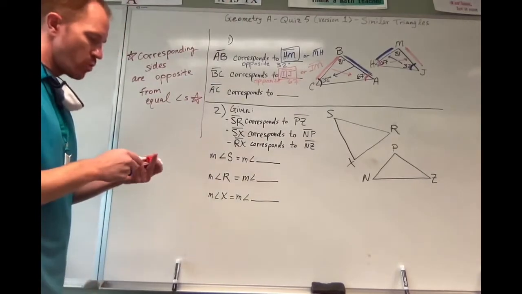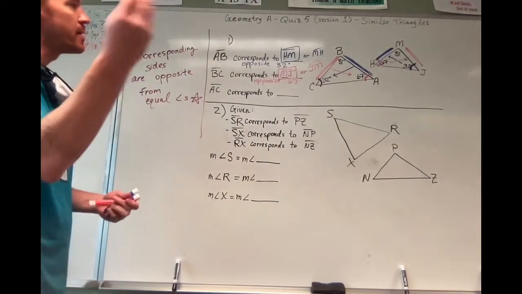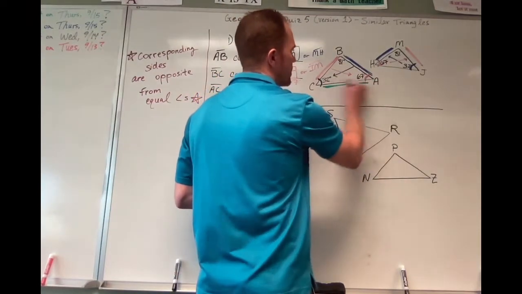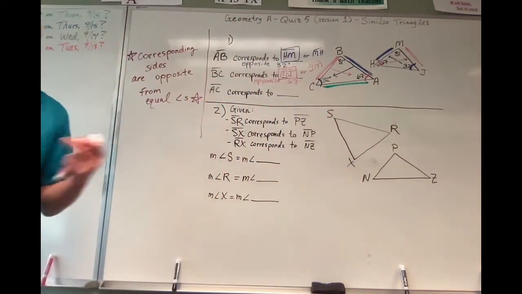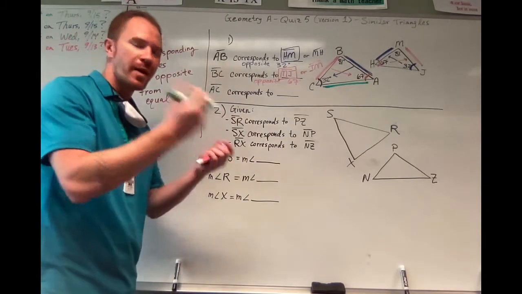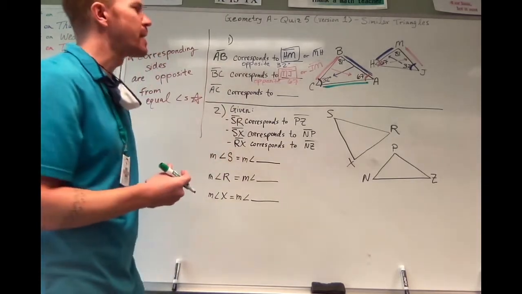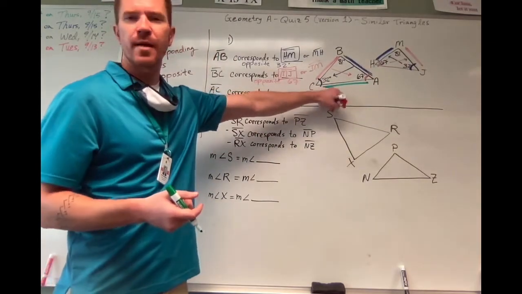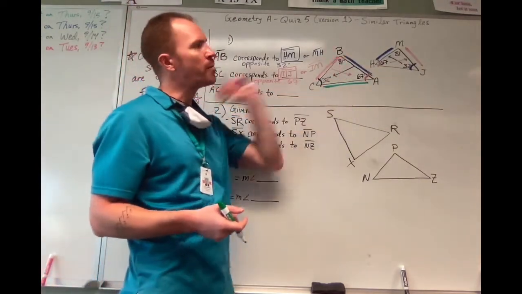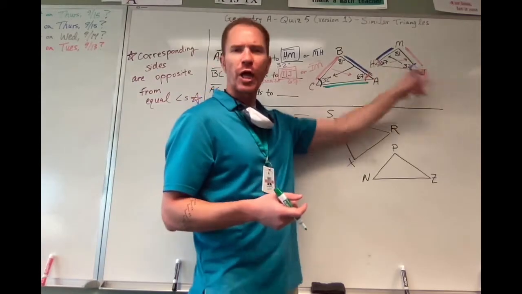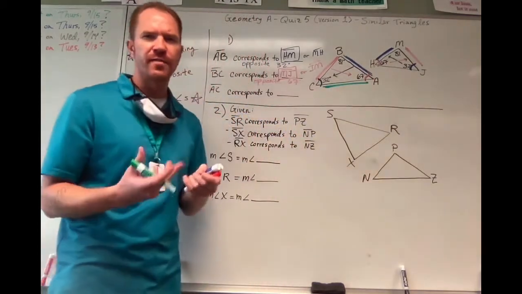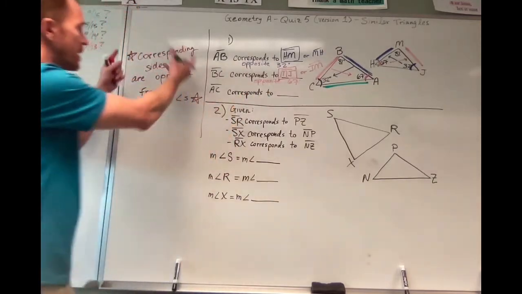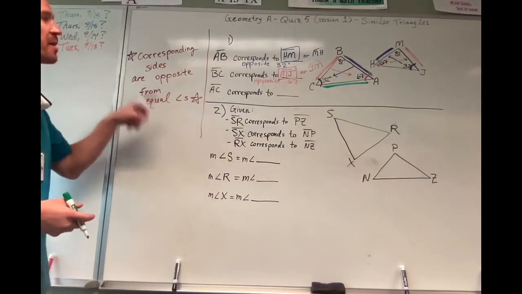One more on number 1. AC, I'll go with green for AC. So here's side AC. At this point, you could use process of elimination to say there's only one side over here we haven't used, so I'm pretty sure it's going to be HJ or JH. But let's have a good reason besides process of elimination. Corresponding sides are opposite from equal angles.